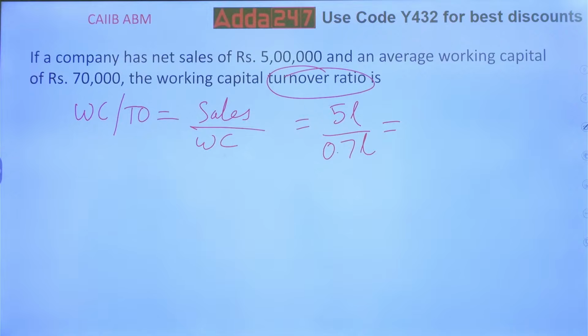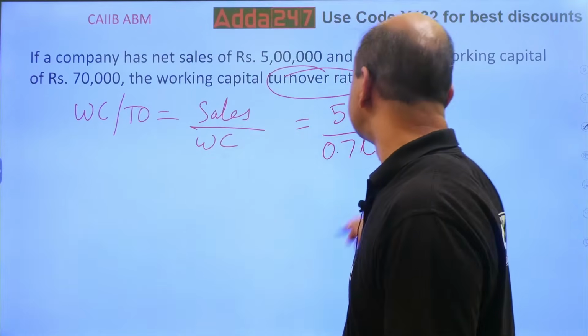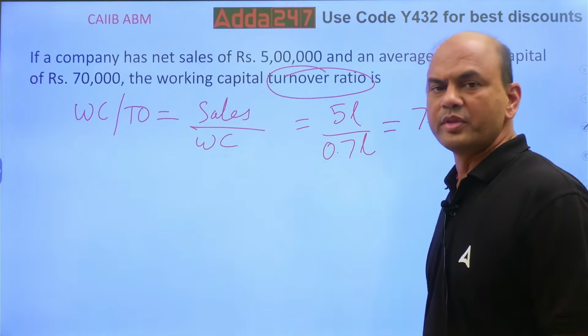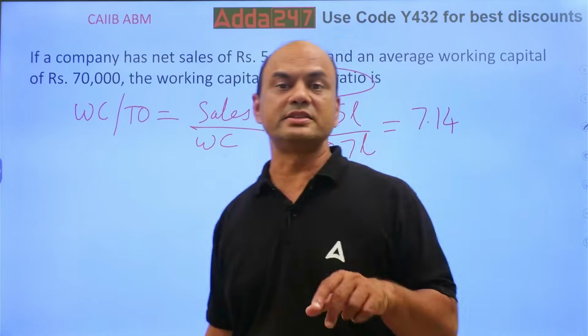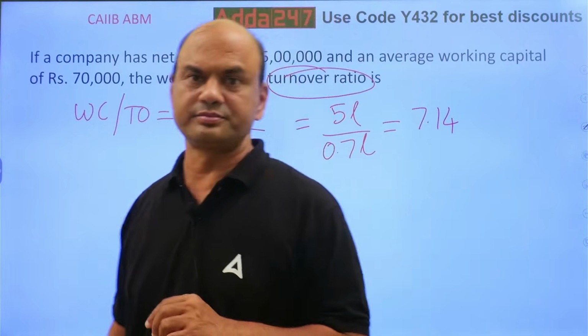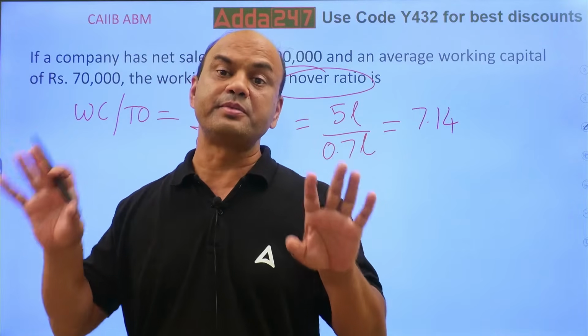It is 7.14. So it means that my sales is 7.14 times my working capital.